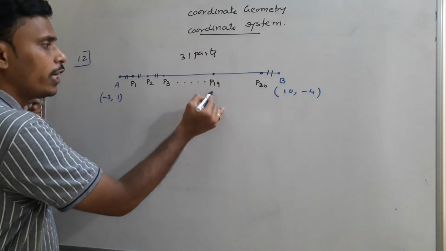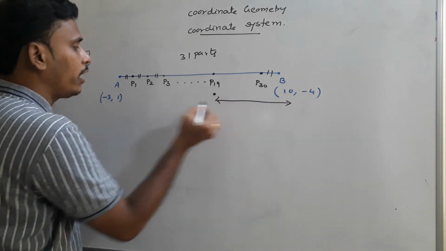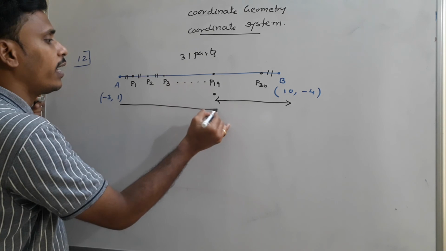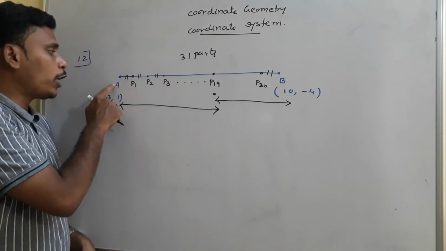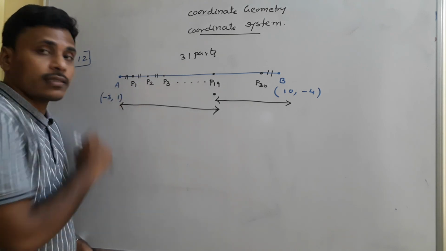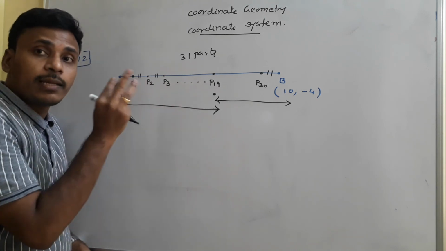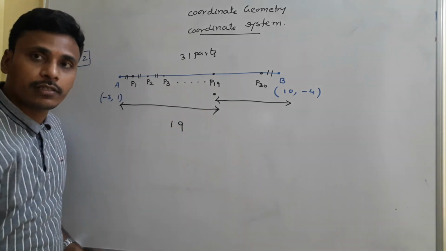Right. So we need to find this P19. So how many parts are there from P19 to B? That's what we need to think. A to P1, 1 part. A to P2, 2 parts. A to P3, there are 3 parts. So A to P19, there are totally 19 parts.